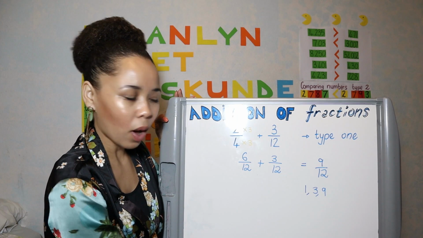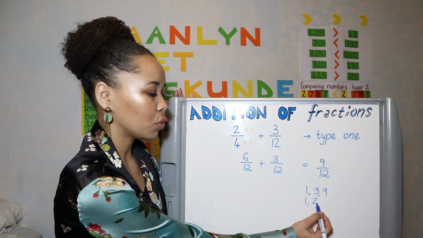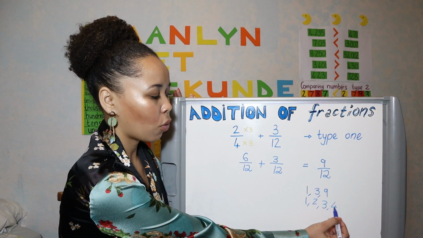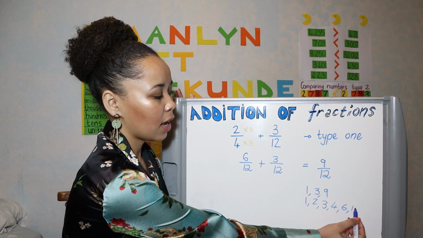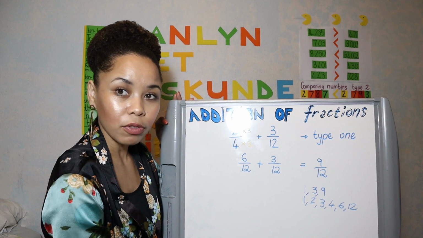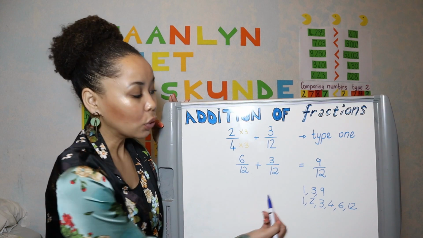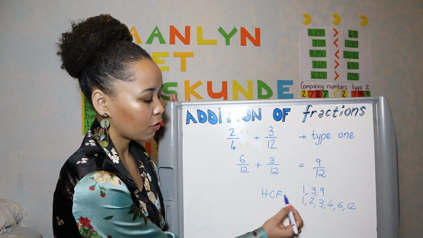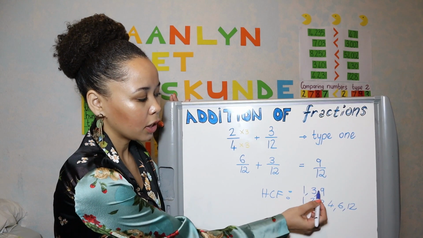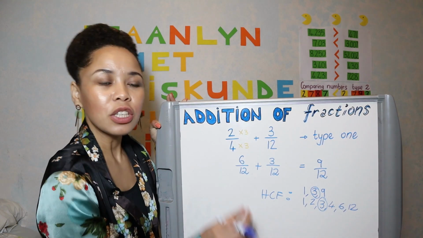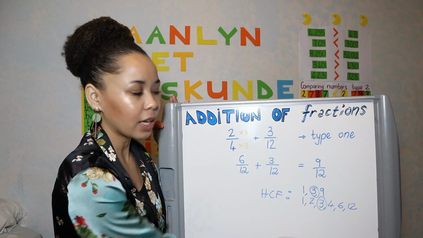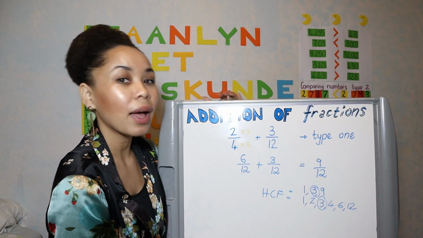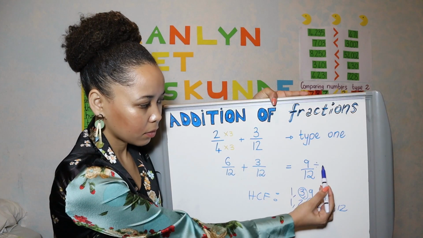What can divide into 12? 1, 2, 3, 4, 6, and 12. So looking at this, what is your highest common factor between those two? It will be 3. So I will then divide both top and bottom by 3.